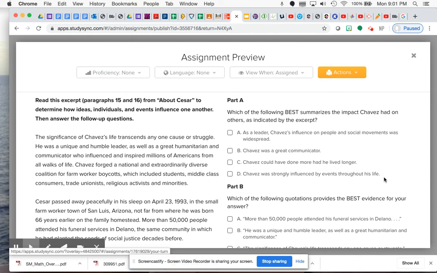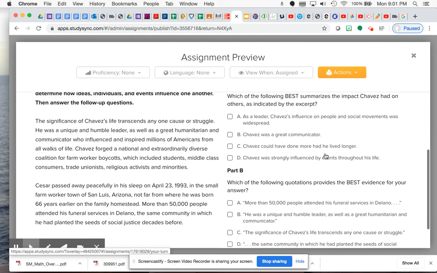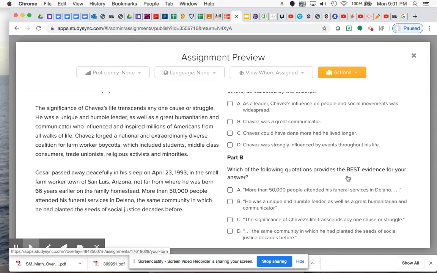When you're picking the one that best summarizes this excerpt, then, based on whatever you pick here, part B, which of the following quotations provides the best evidence for your answer? So, whichever one you picked here, you want to then choose whichever one best relates to it and supports it. A, more than 50,000 people attended his funeral services in Delano. B, he was a unique and humble leader, as well as a great humanitarian and communicator.